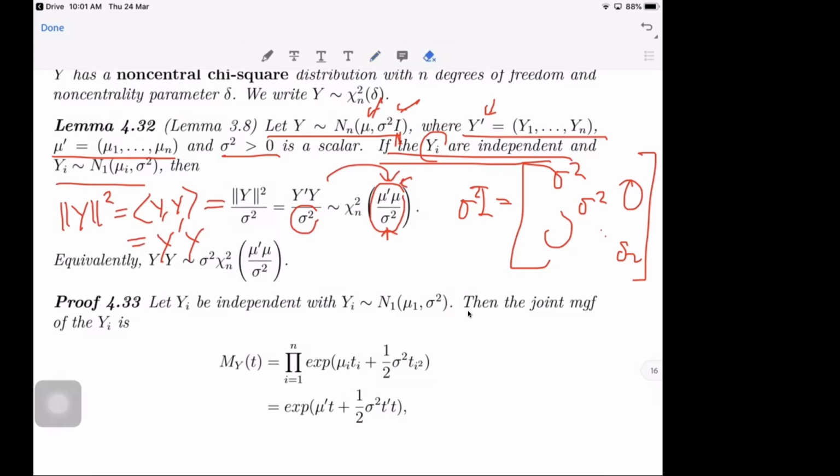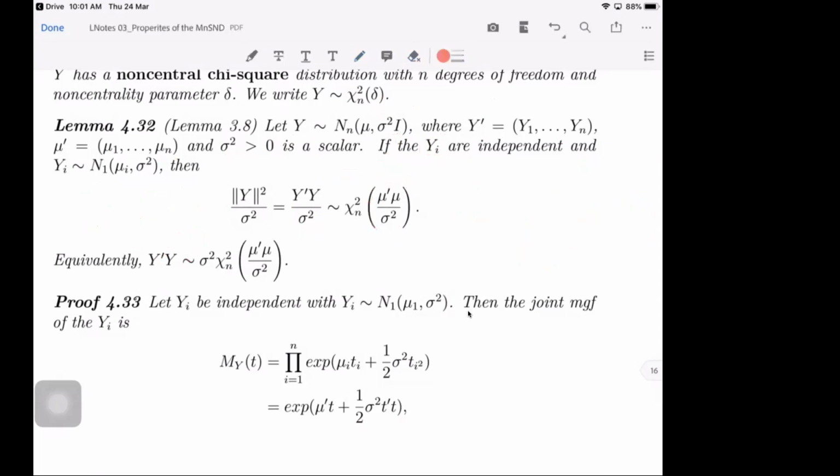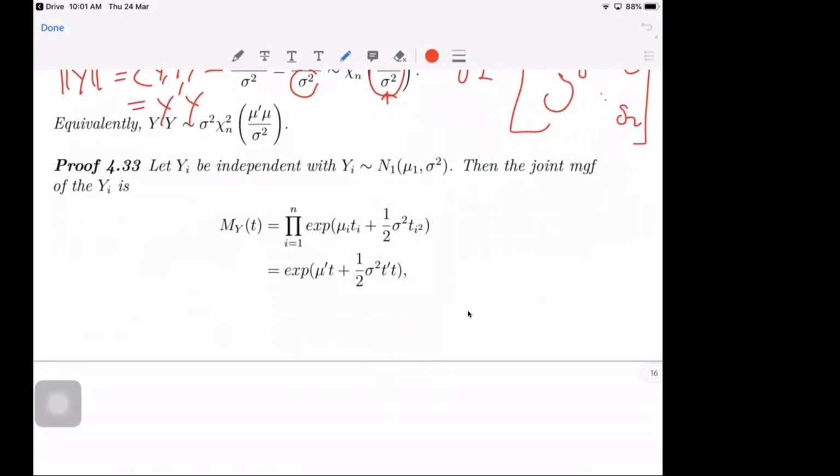Okay, to prove that, it is important: it is a chi-square as long as your assumption is that the yi's are independent. Each of the yi is normally distributed with mean mu i and variance sigma squared. Then to see the distribution of y prime y, we look at the moment generating function.